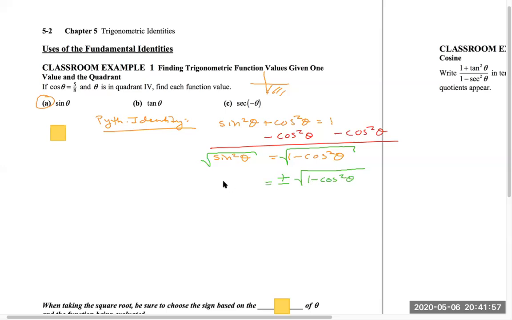Okay. Now, this is when Q4 comes in. Let's use purple. So for Q4, remember that sine theta is negative here. So we're going to choose negative here.